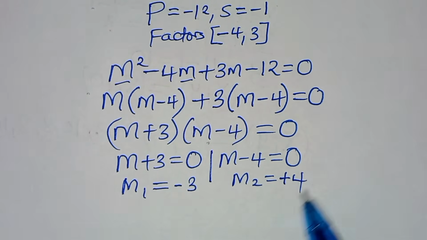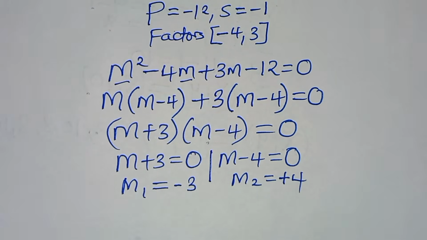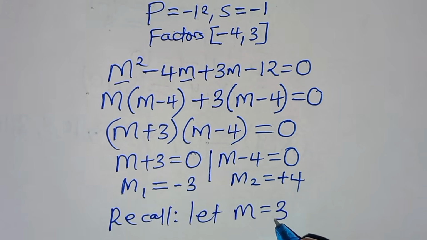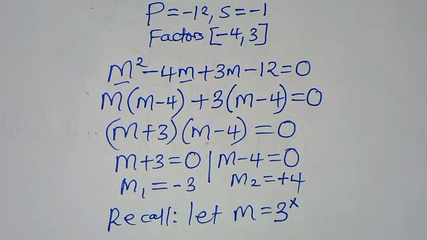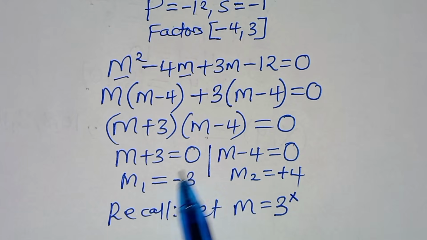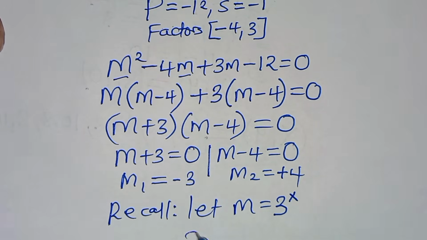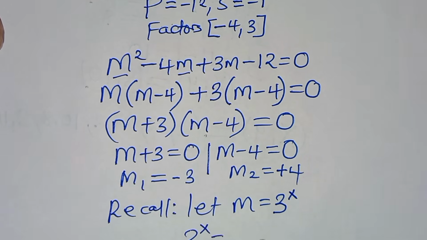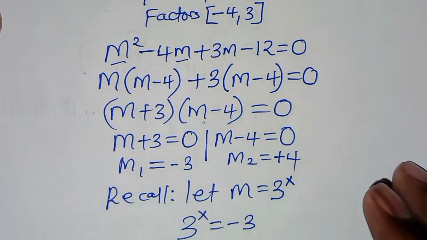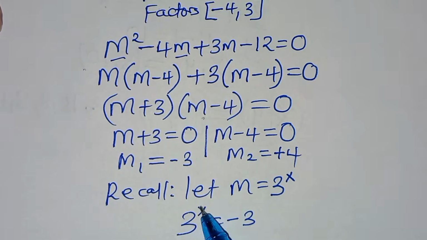So we have m1 and m2. Now, if you recall, we are saying that let m be equal to 3 to power x. So let's substitute the first value of m, which is minus 3. So we have 3 to power x equal to negative 3. Now to solve for the value of x, we introduce logarithm on both sides.